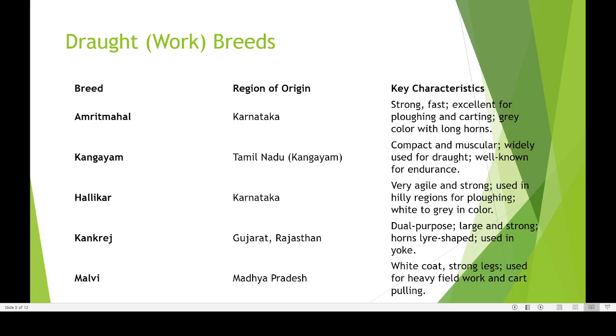Very strong, prominent looking cow. See, the size itself is very strong. Dual purpose, large, strong, horns lyre shaped, used in yoke. Yoke, I think, means pulling or something. That is the meaning of the word yoke. So you can see that they are very prominent cows.